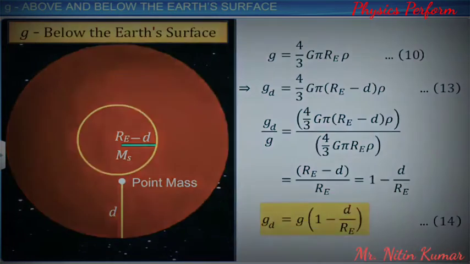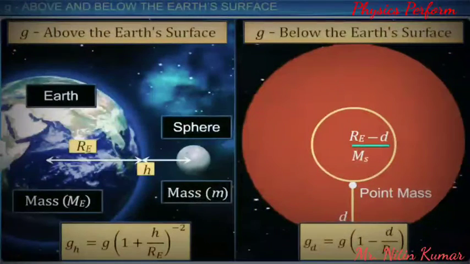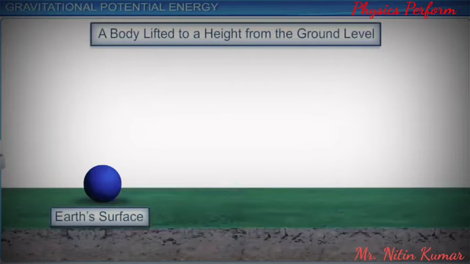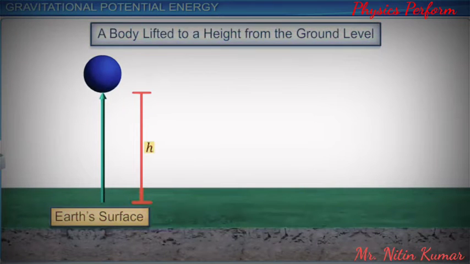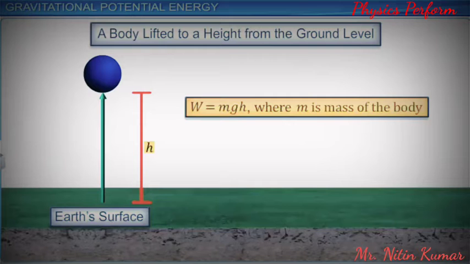Earlier, you learned that when a body is lifted to a height from the surface of the Earth, the work done on the body is denoted by the expression W is equal to mgh, where m is the mass of the body.